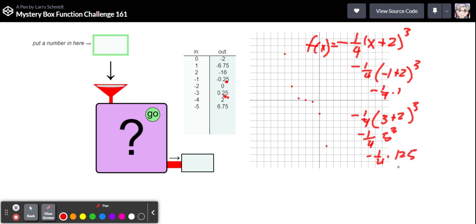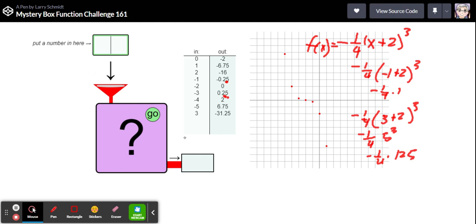So we got -125 fourths. So it's going to be -31 and a quarter. So whatever that is, let's put in our 3 and see what we get. -31.25. So that makes sense that that's what we'd get when we put in a 3.